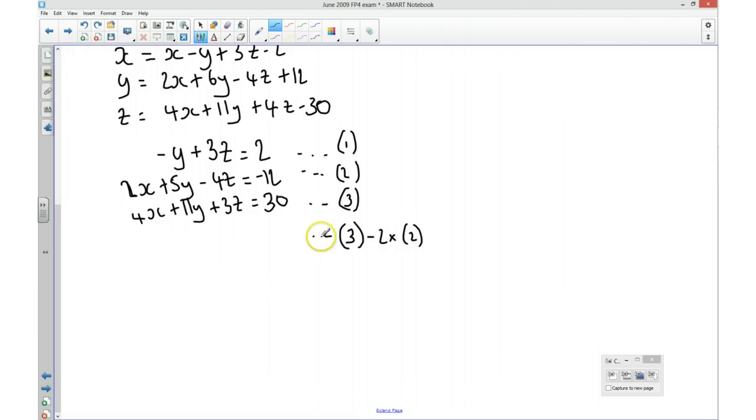Equation 3 take away 2 times equation 2 is going to make the x's disappear, and that's going to make that y, that there 11z, yep, that's right, and that's going to make that there 54.